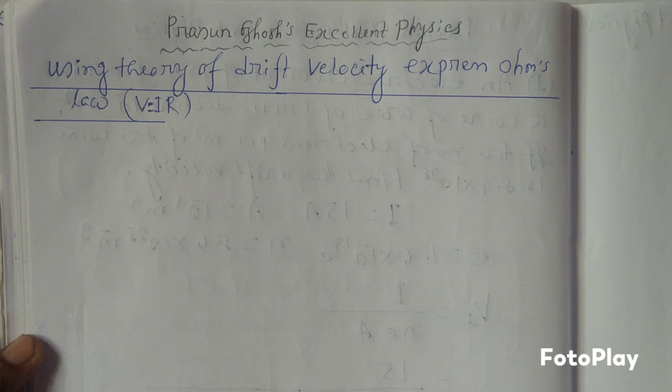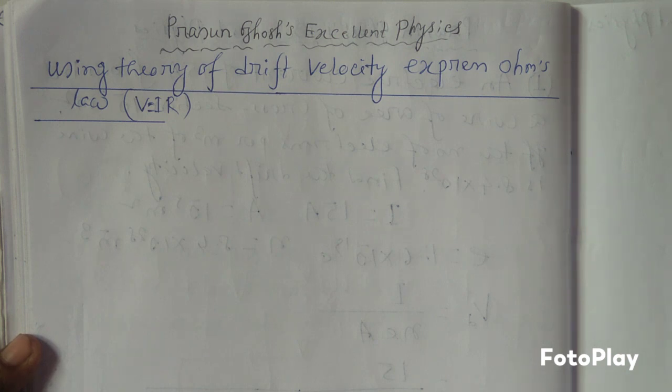When an applied potential is given, an electric field is set up, and then the electrons move from one side to another, that is from the minus terminal to the plus terminal, and current flows in the opposite direction. So from this concept we get the idea of drift velocity.